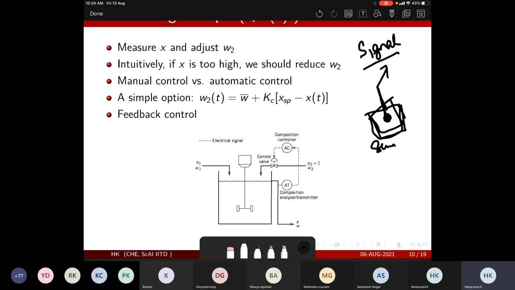It would give you a signal which is proportional to the actual value. So let's say your actual value is 50 degrees C, the signal may be, let's say, 3 volt or something like that. That is because they are all electrical equipments, you see. So what would eventually happen?